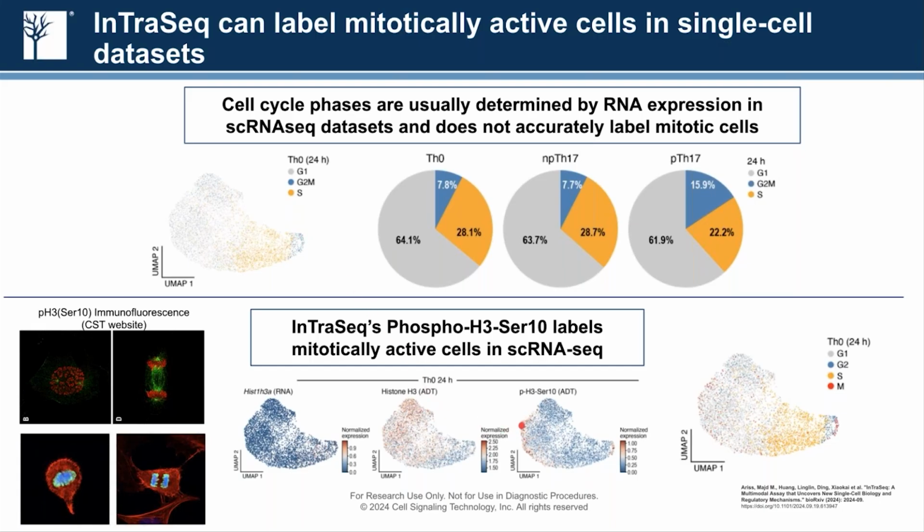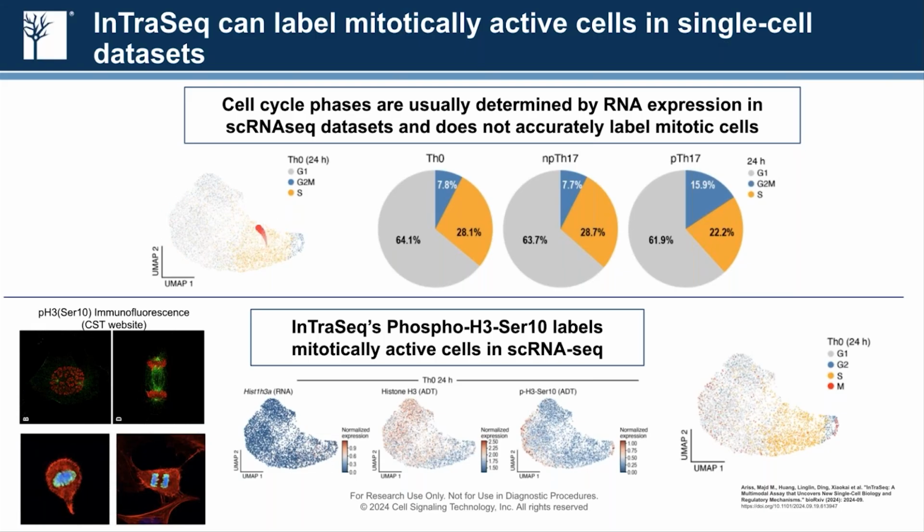But we also noticed that in this region of the UMAP, these are also mitotically active cells based on that signaling event, and based on the RNA expression, they are labeled as G1. This is not surprising because mitosis is flanked by the G1 and the G2 phases. Because the clustering and the annotation here was done based on the RNA, it makes sense that mitotically active cells are observed also in the G1 phase.